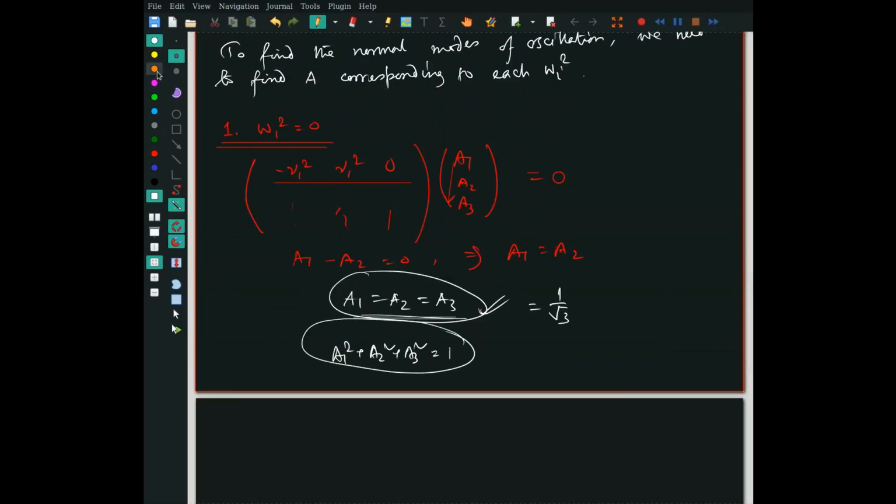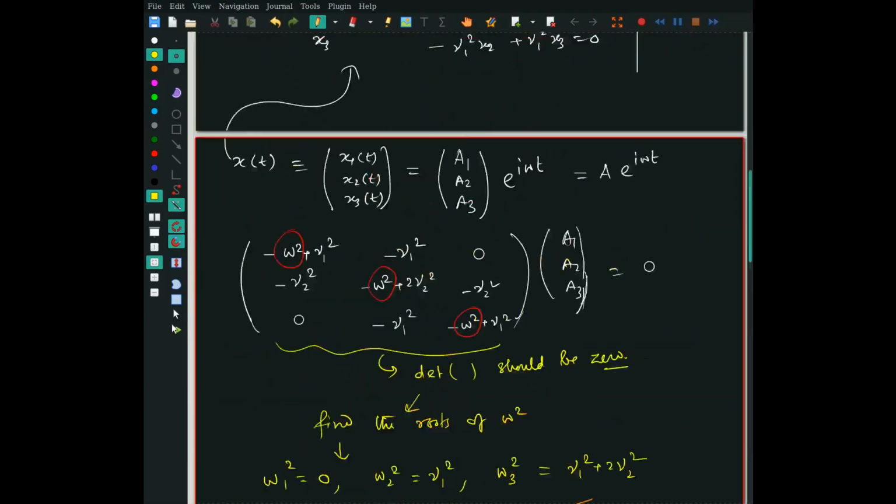Now, what does it imply in the context of the actual oscillation? For certain scenarios, you can easily visualize these modes of oscillation. So my molecule looks like this. Remember what were these A1, A2, A3? These were the displacements for x1, x2, x3.